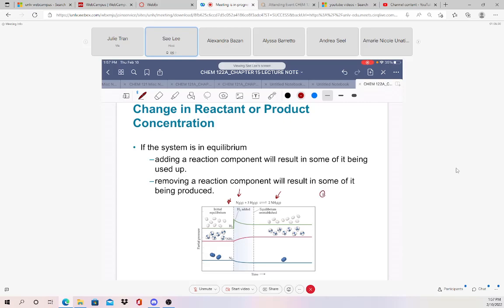So number one thing you can do is keep adding one of the reactants to make more product. Another thing you can do is keep removing the ammonia that is being produced.